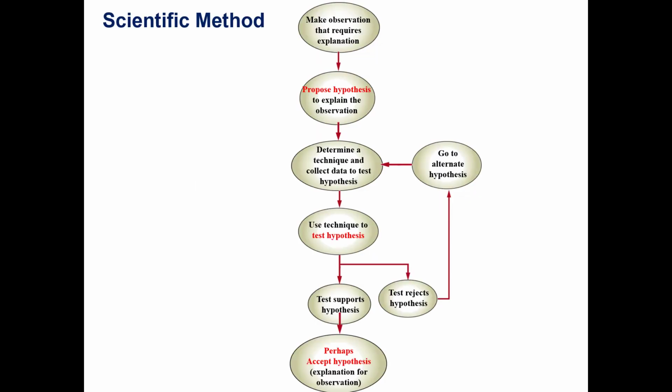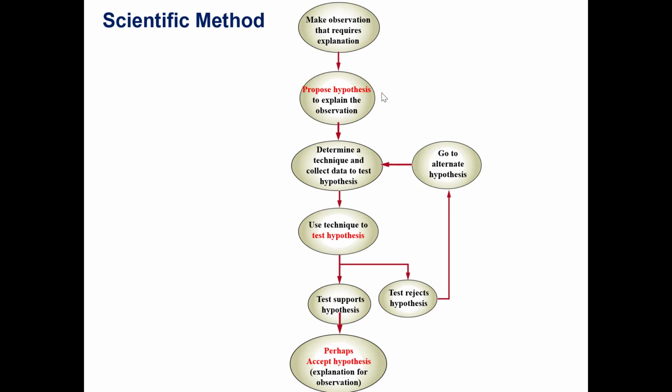We can do these different activities in science using the scientific method. In the scientific method, we need to follow some steps, and these steps are followed when we are doing our experiments. The first thing we have to do is to make the observations, and that observation requires some explanation.